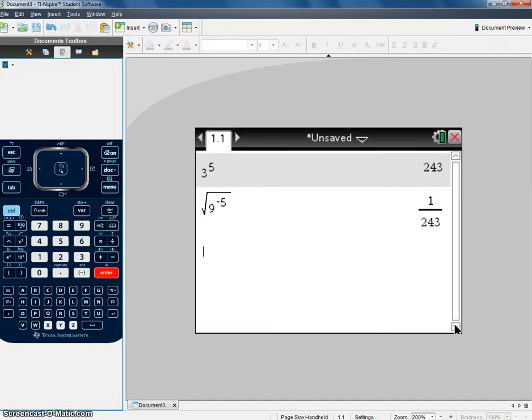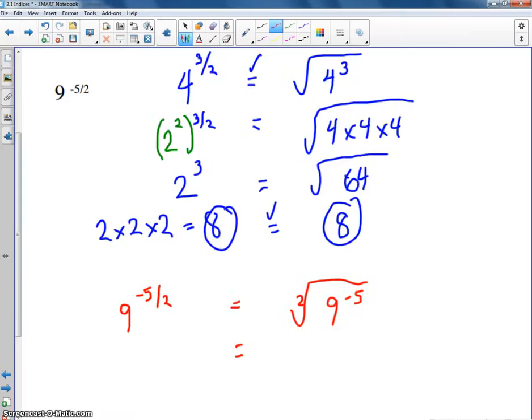So this is now 1 over 243, just by typing in the calculator. Now how is that true? Well, we can do that with some algebra. What's 9? That is 3 to the power of 2, that's 3 squared. And negative 5 is raised to the power of negative 5 over 2.